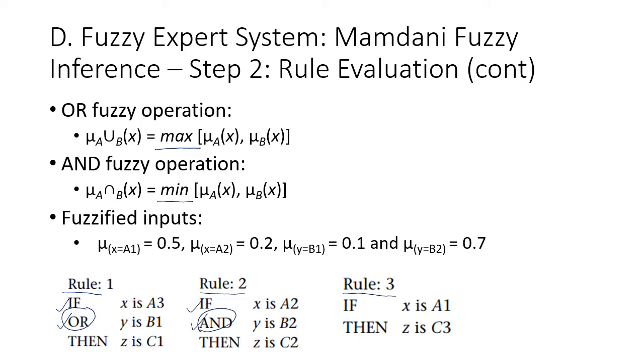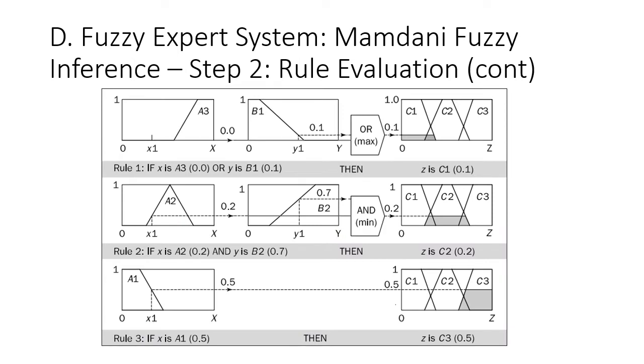So going back to the fuzzified inputs that we have processed in step 1, we need to plug in these values into our rules. Okay, rule 1: if X is A3 or Y is B1, and we need to remember that A3 is adequate funding and B1 is small staffing. So X actually has the values of A2 and A3.